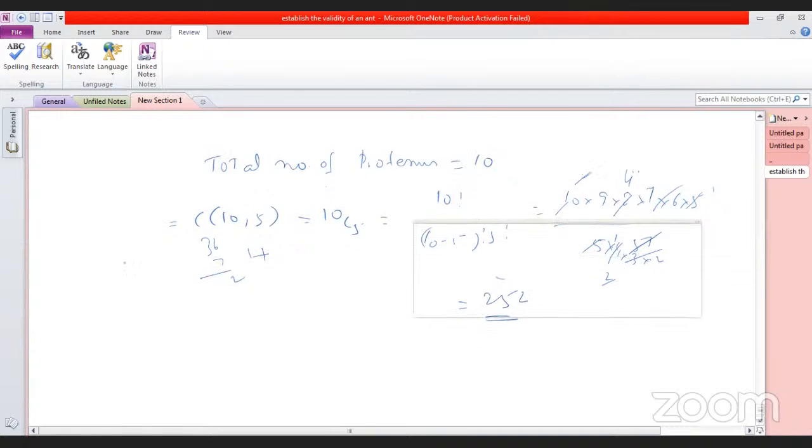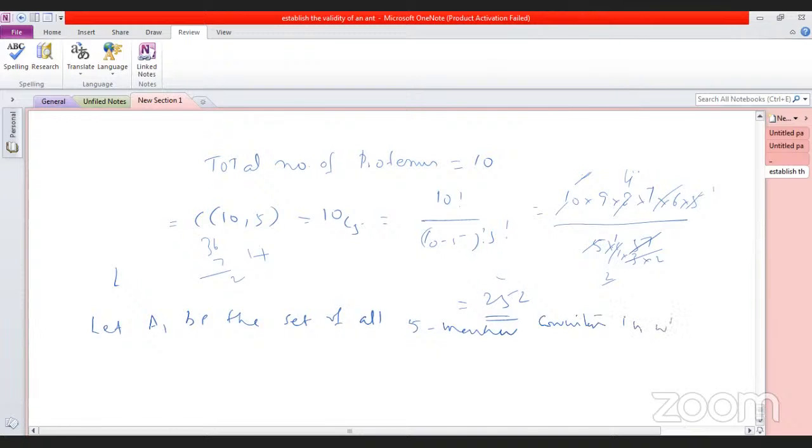Then we'll go to the next step. Let A1 be the set of all 5-member committees in which Professor A is included. A1 is equal to 9C4. What is 9C4?